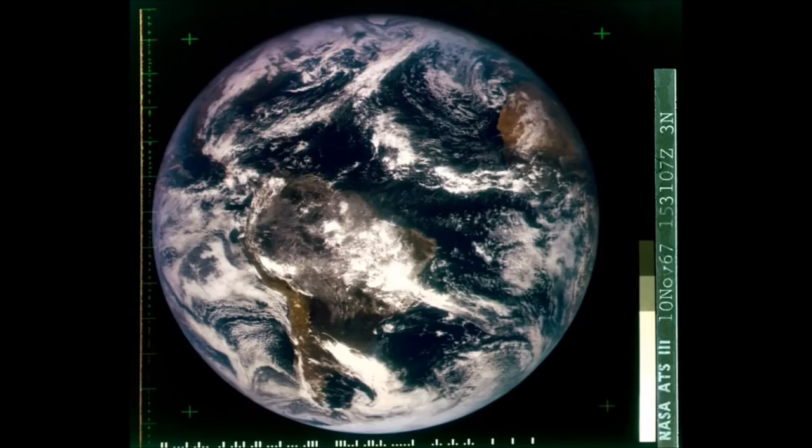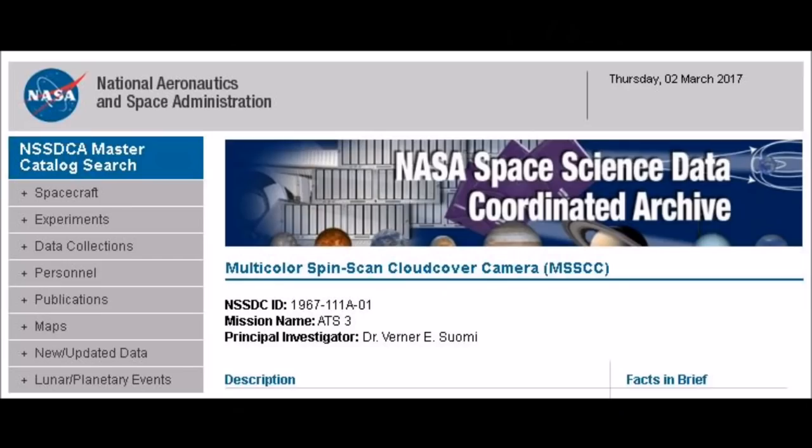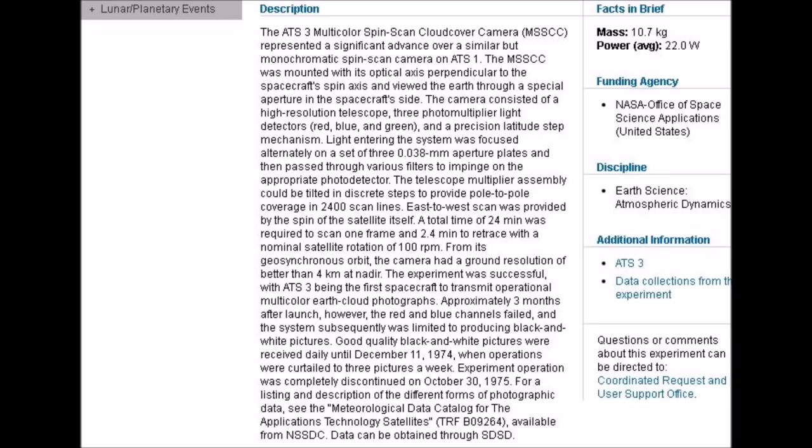Now, about this photo. They claim this photo of Earth was taken November 10th, 1967. And the camera used the spin of the satellite to scan the Earth. 2,400 revolutions of the satellite, spinning at about 2 revolutions per second, were needed to produce one complete image of Earth. So gravity is strong enough to keep it stationary.